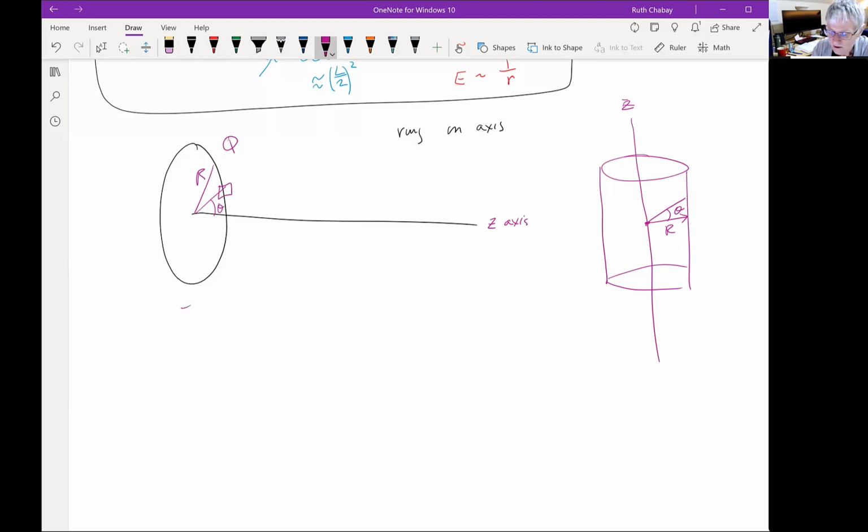And so what we end up with is, for the ring, E sub z on the axis ends up being equal to 1 over 4 pi epsilon 0 q times z over r squared plus z squared to the 3/2.